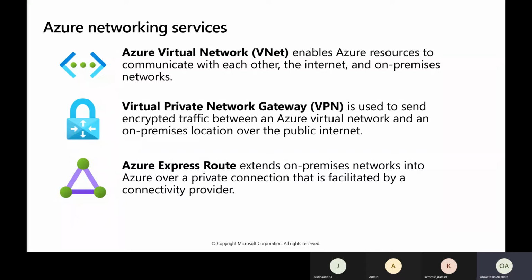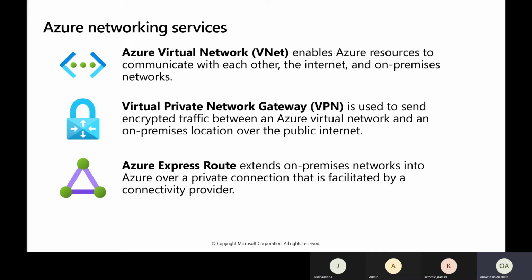We also have something called Azure Express Route. From what we can see here on the screen, this extends our on-premises network into Azure over a private connection that is facilitated by a connectivity provider. In simple English, Express Route will let you extend your on-premises network into the Azure infrastructure, or should I say Microsoft Cloud. That's exactly what it does.